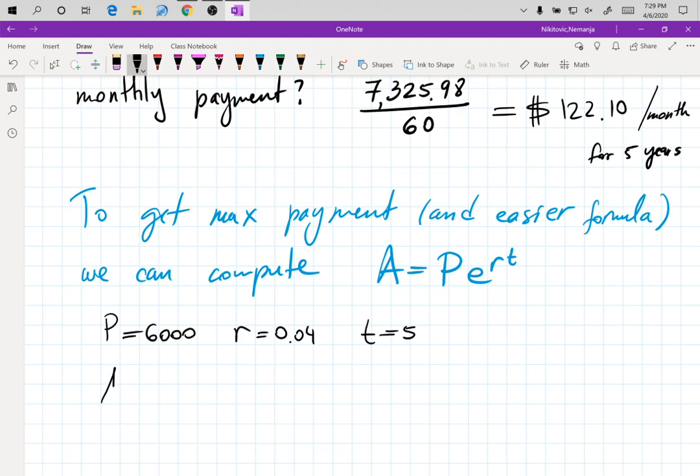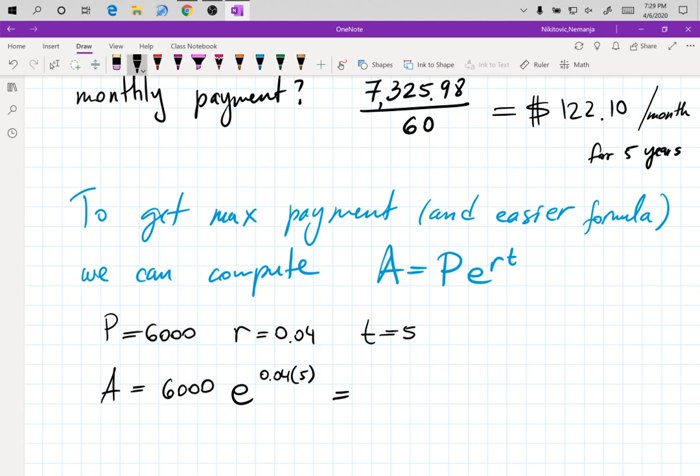Now, when I plug all of this in the calculator as 6K times E to the 0.04 times 5, you will find E on your TI-83 or 84 calculator all the way to the right.